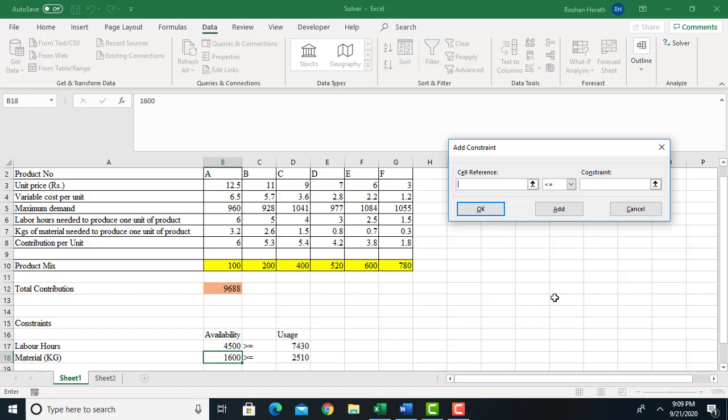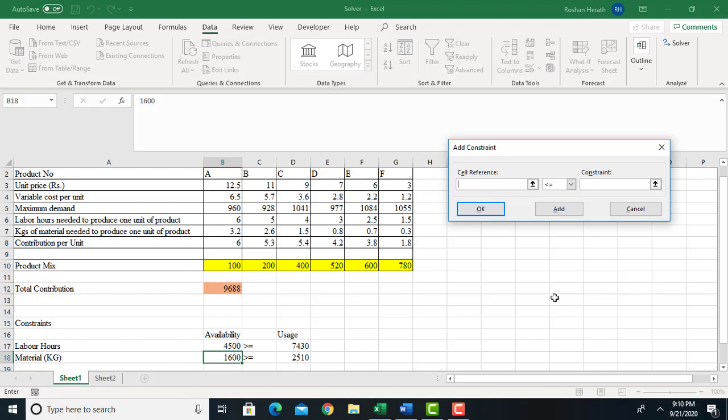Using your common sense, you must be able to identify that particular constraint. You know, when it comes to these units, you can't have fractions. Fractions of units can't be there. So therefore, that is also a kind of constraint. The fractions cannot be there.